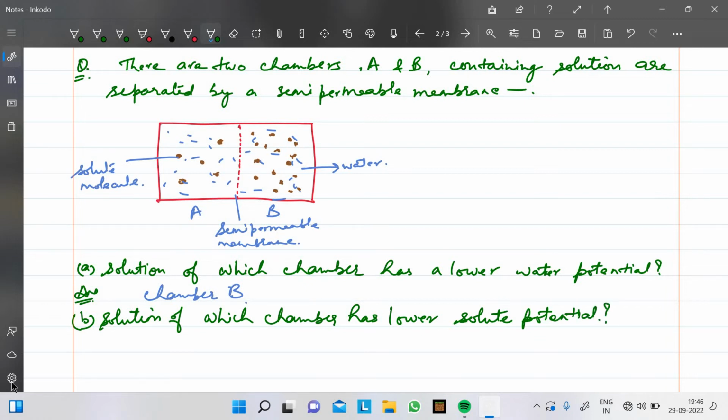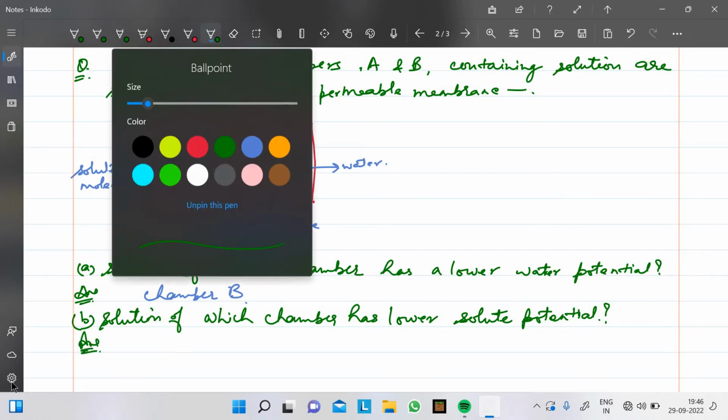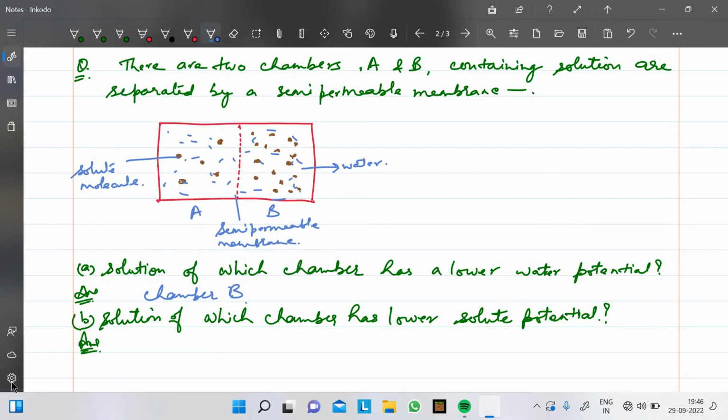Solute potential, in rough language, is the number of solute particles in the solution. The more solute particles, the more the solute potential; the fewer solute particles, the lower the solute potential. So we have to discuss lower solute potential. Which chamber has fewer solute particles? Chamber A. The answer will be chamber A. Next part.